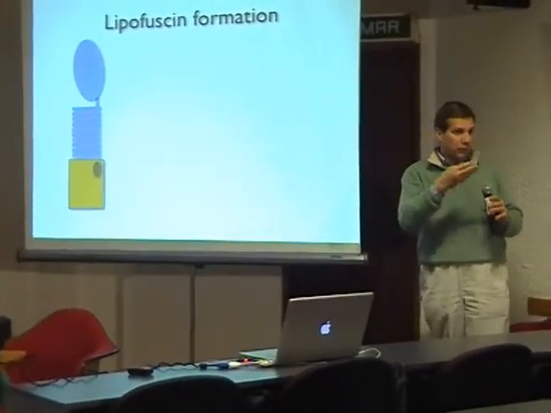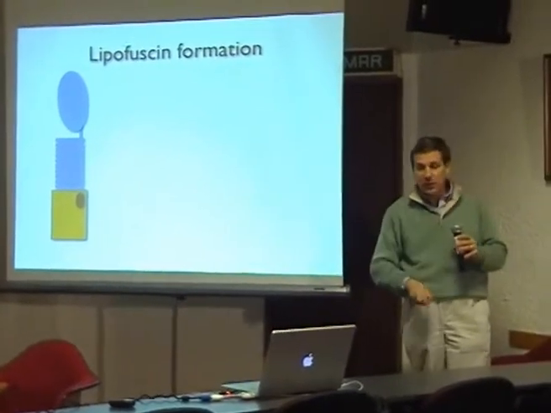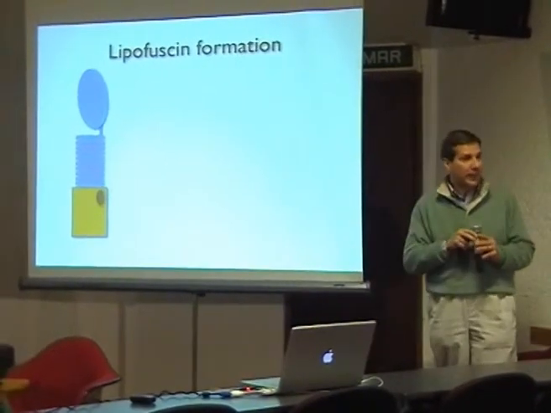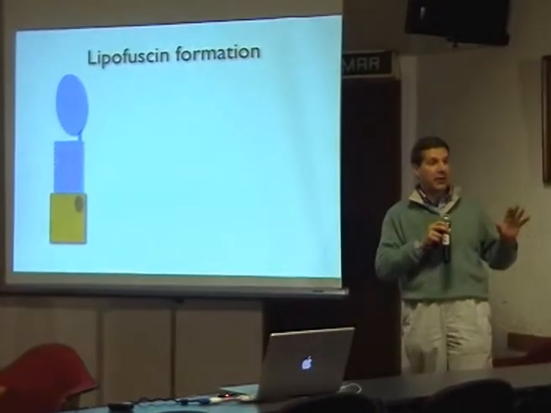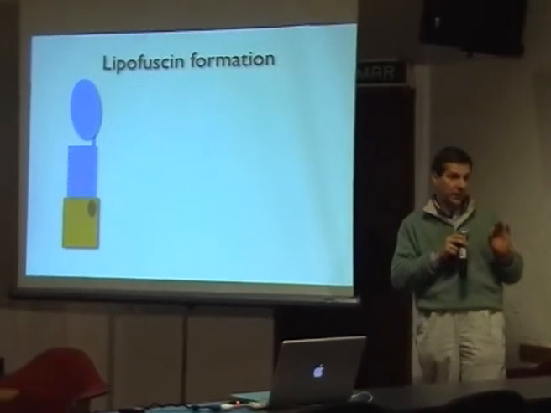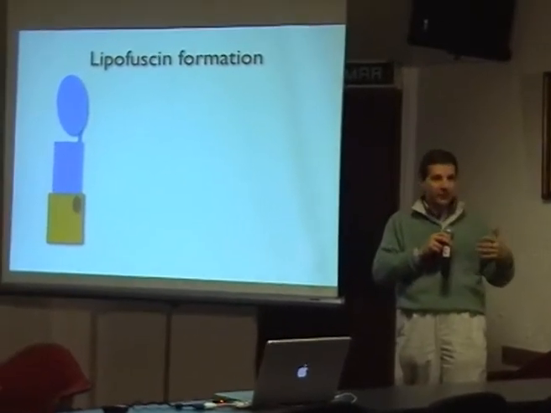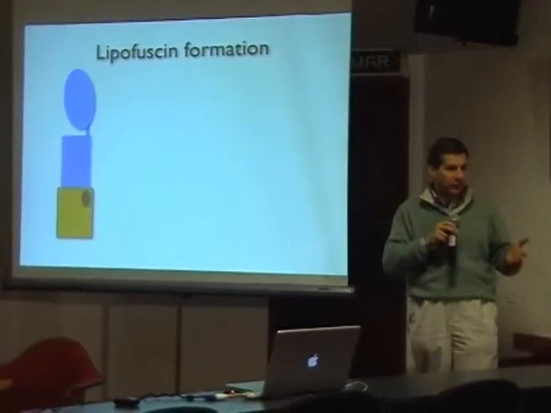You know how lipofuscin is created. There are two ways. One is the shedding of the photoreceptors. You know that every RPE cell eats 7,500 discs every day. And so you can imagine that during life, it can be that not all the discs are completely digested.